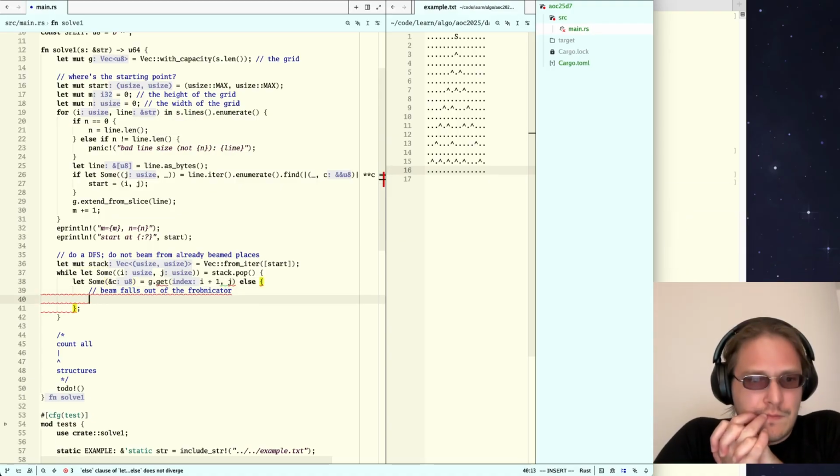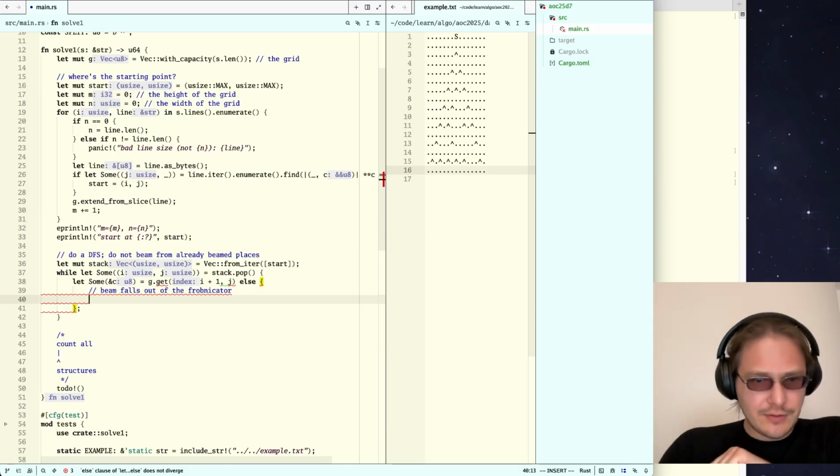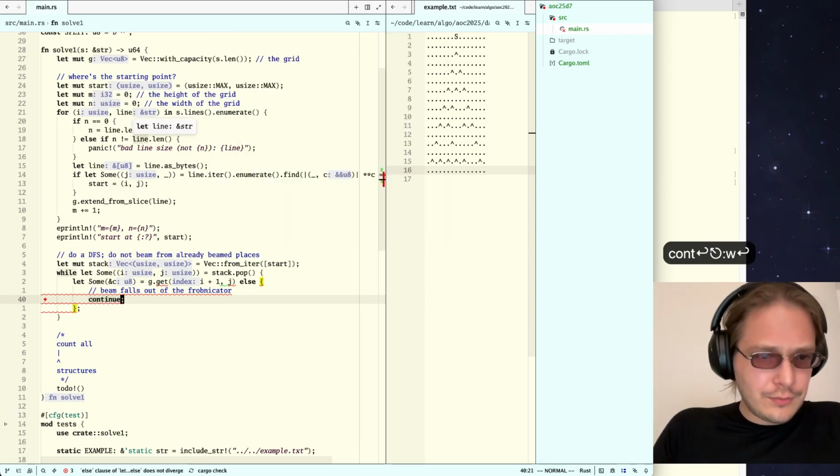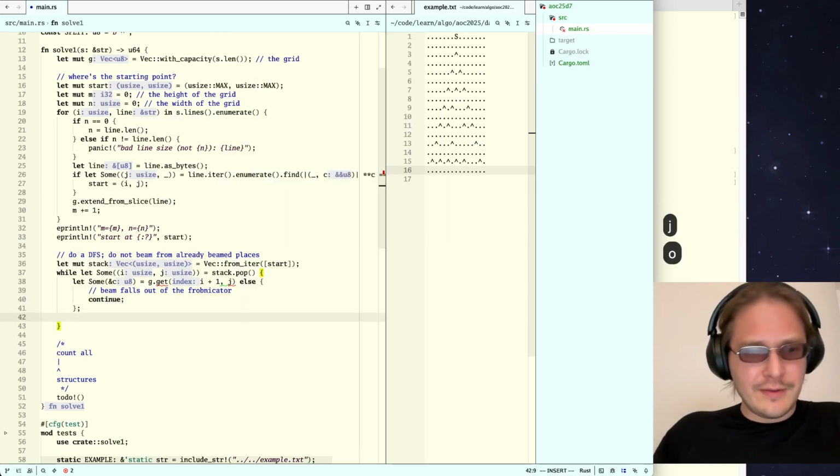And now, so if it does fall out of the fabricator, then there's nothing we can do with it, and we continue, and we beam other places.